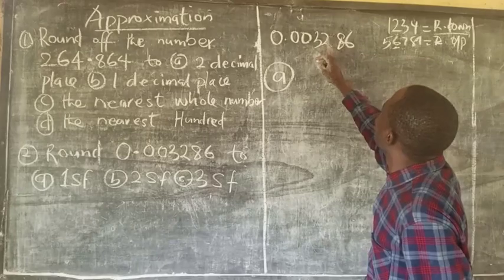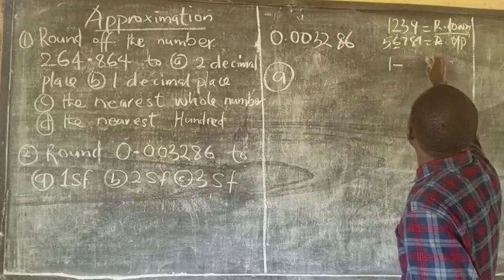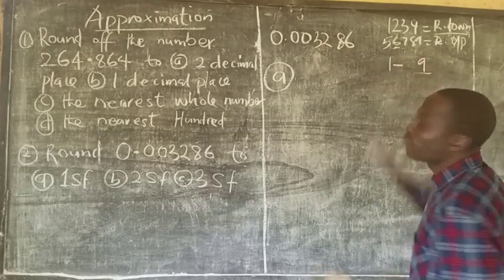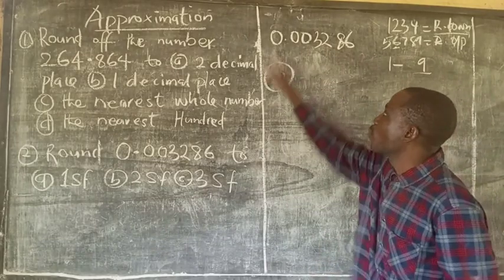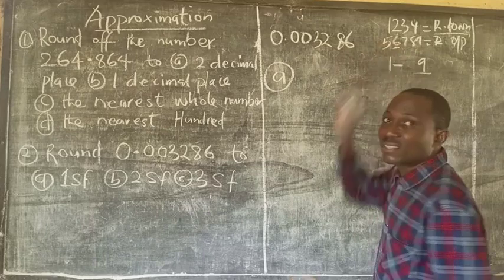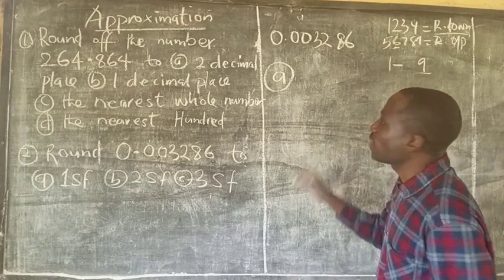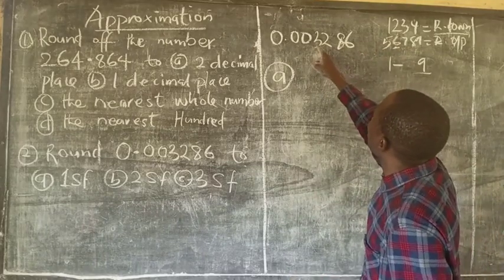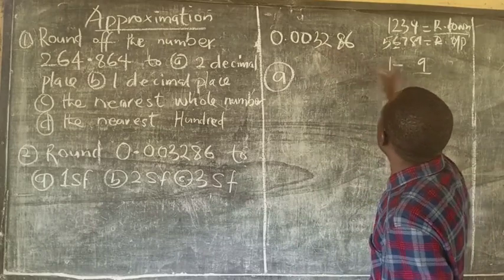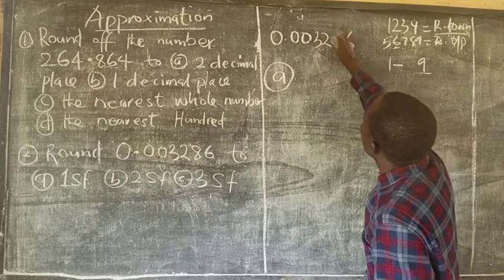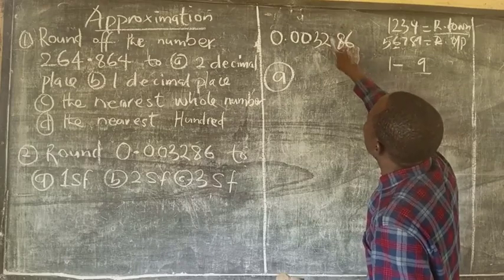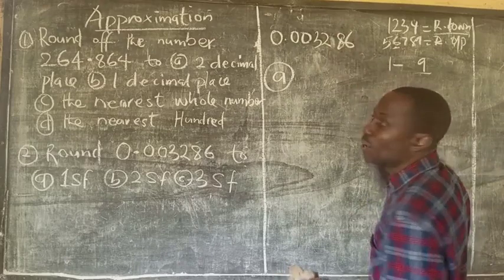But 1 to 9 are all significant. But since 0 is in the front, you cannot throw away this 0, but the one before it or after it can be thrown off. So with a significant figure, after any of these digits 1 to 9, count till, let the number end there, and let the other ones go.